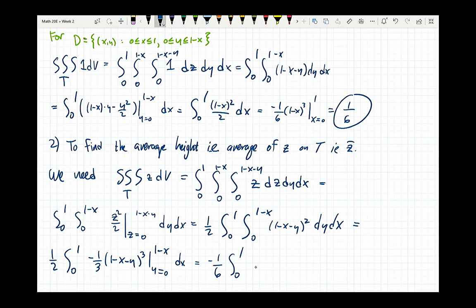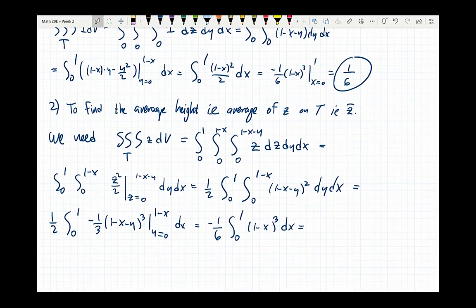So what's that? At 1 minus x, it's 0. At 0, it's 1 minus x cubed. That gives me... Oh, wait, did I drop a minus sign somewhere? Minus 6. Oh, wait. I just picked up a minus. So, sorry, let me show a little bit more detail on the last step.